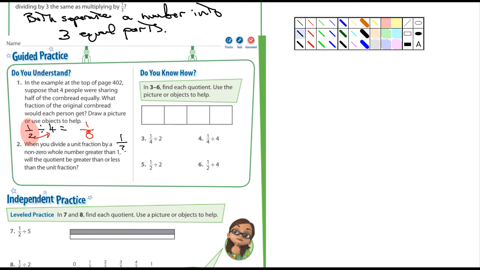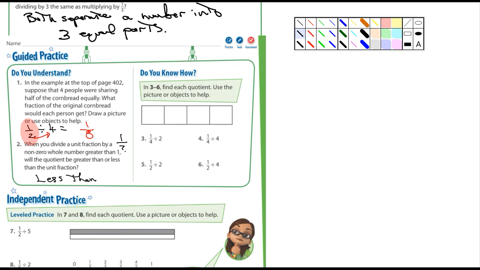Will the quotient, that's the answer, be greater than or less than the unit fraction? Less than. It's always going to be less than the unit fraction. I mean, look at it. 1/8 is smaller than 1/2. And that's always going to be true.